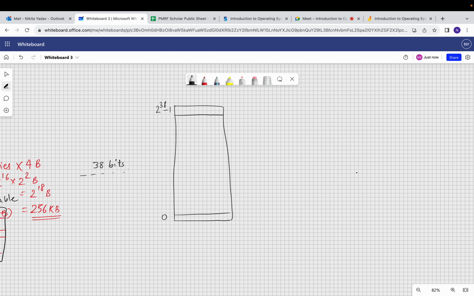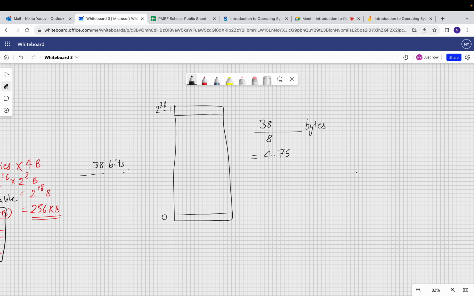Now 38 bits divided by 8. Sorry about my writing. We have to convert it into bytes because the answer you have to give is in bytes, so divided by 8. So this will become your bytes. 4.75 bytes.